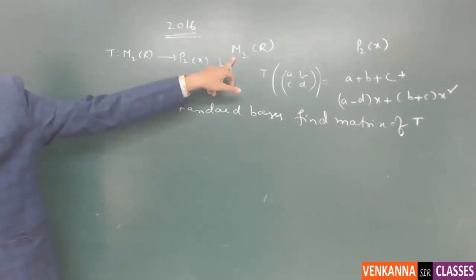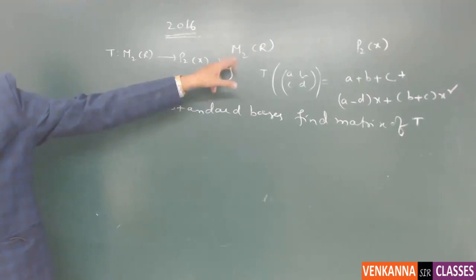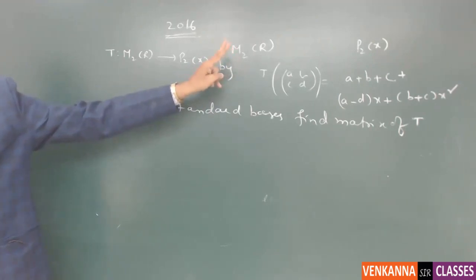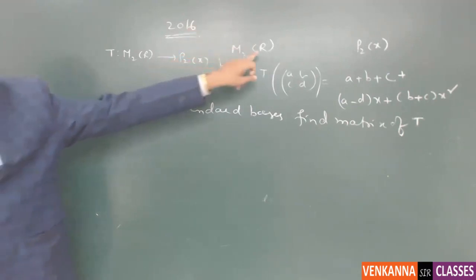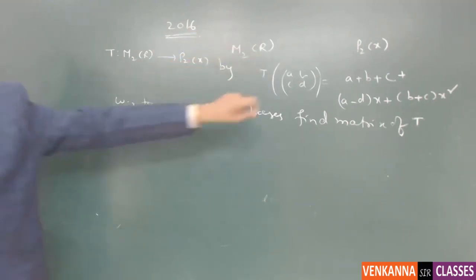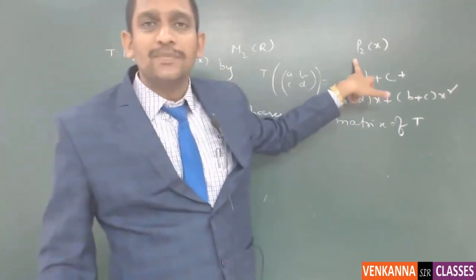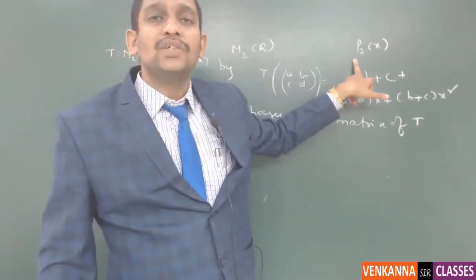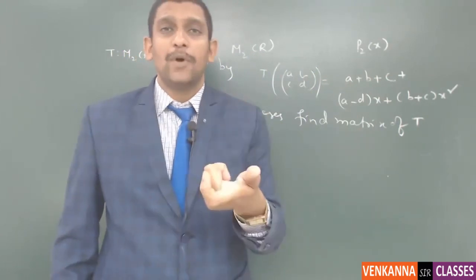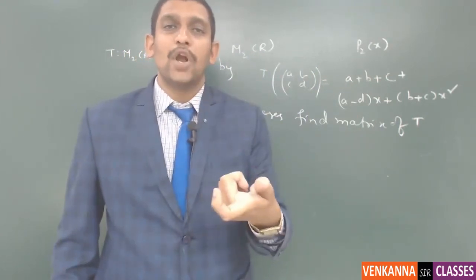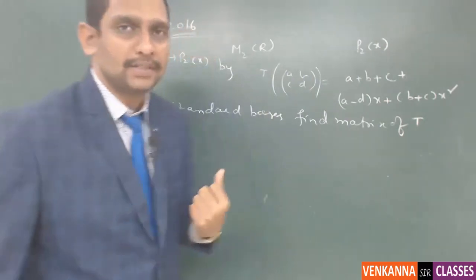So it was given in 2016 that he has taken two vector spaces M2 of R and P2 of X. Please understand that M2 of R means all 2 by 2 square matrices where the entries in the matrix are nothing but real numbers. P2 of X means all polynomials of degree up to 2. That means you can take constant polynomials, first degree polynomials and second degree polynomials.